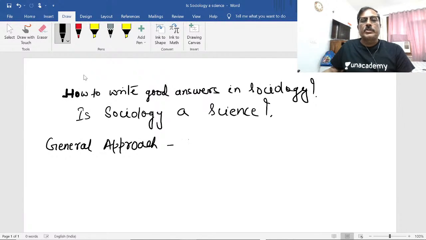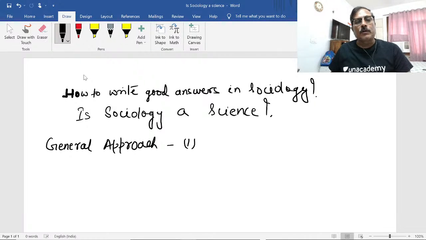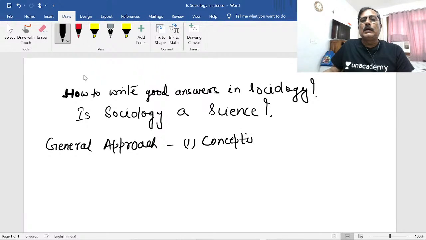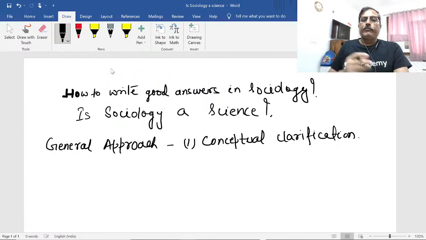The first and foremost thing that is very important for writing a good answer is conceptual clarification. Every question in the UPSC main civil services exam of sociology is based on certain specific concepts, right?